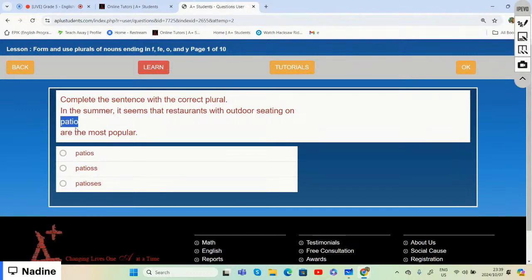So patio, one patio, more than one patios. Is it option two patios or option three patiosis? Which one is correct? Option one, option two, or option three?